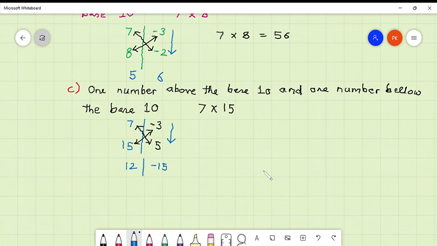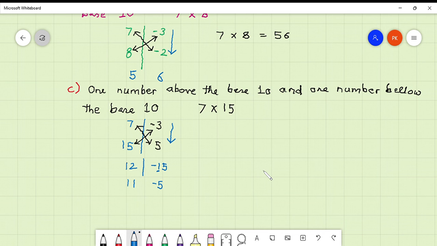Now since the base is 10, on the right hand side of the partition there should be only one digit. So carry minus 1 to the other side. This should become 11, and this will remain minus 5 here. Now what you do is, you have to make the right hand side positive.